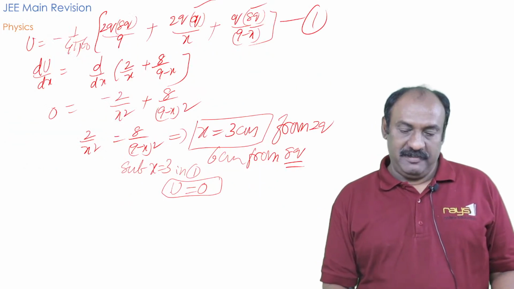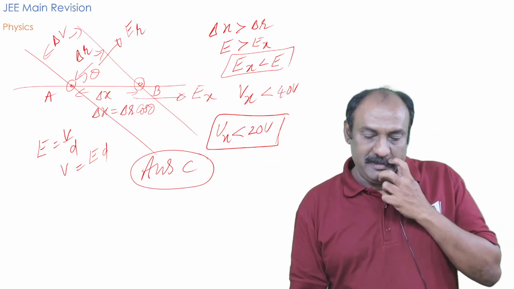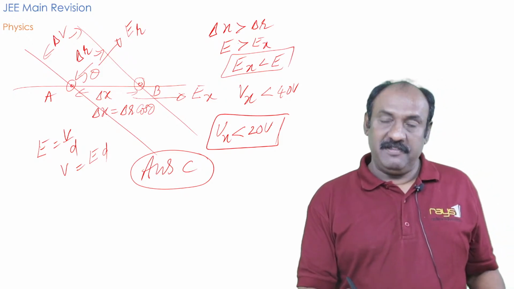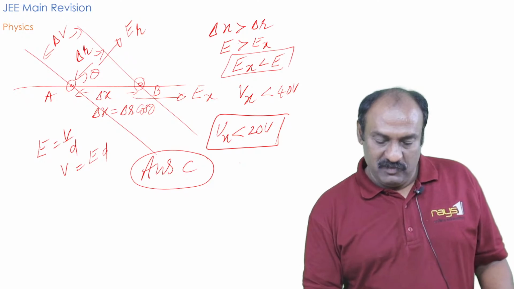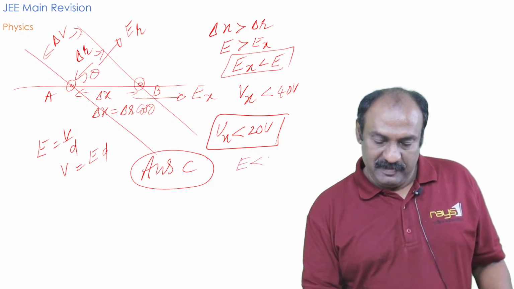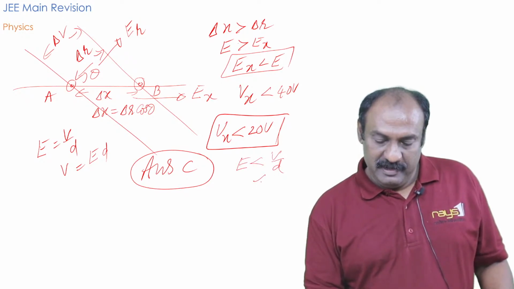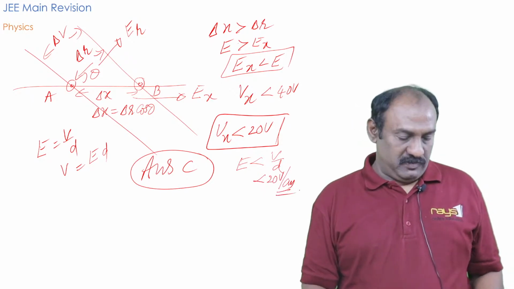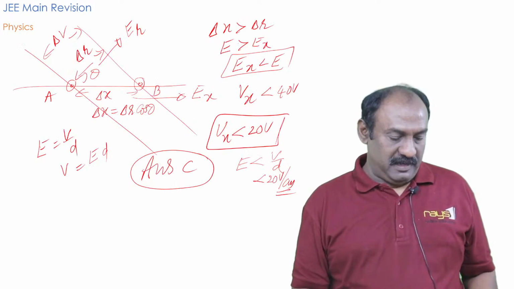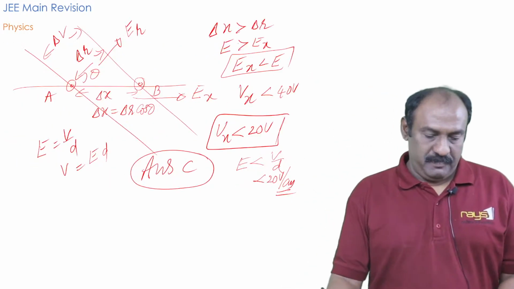In this way the potential difference is 40 volt, here less than 40 volt. So the electric field intensity E is less than V by D, that is less than 20 volt per centimeter. So for question number 27 the answer is C.